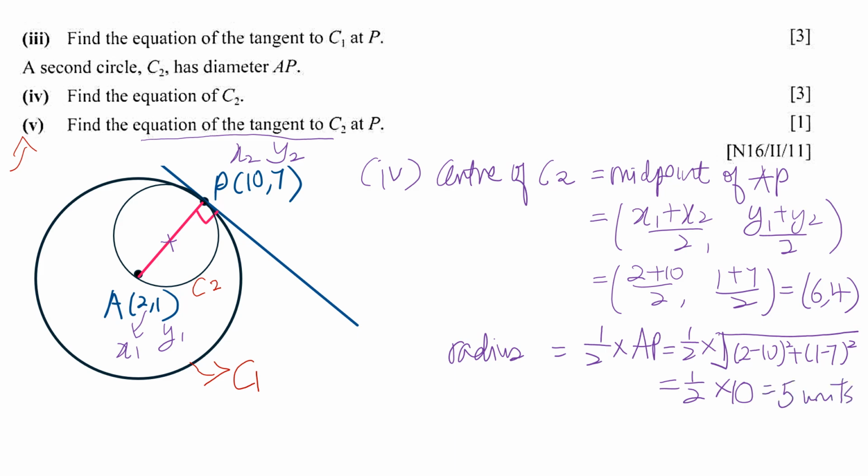So with this information, you can just put it into the standard form to find the equation, which is (x minus a), the center, this is your value for a, this is a value for b, this is a value for r. So that will be (x minus 6) squared plus (y minus 4) squared equals r squared. So 5 squared gives you 25.